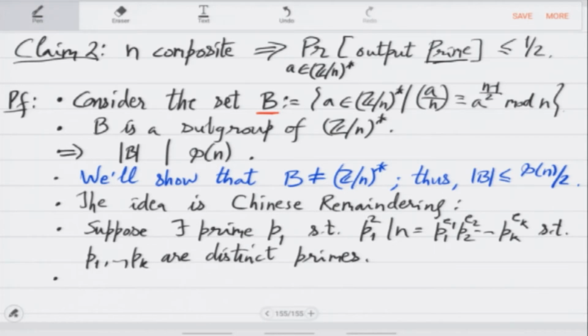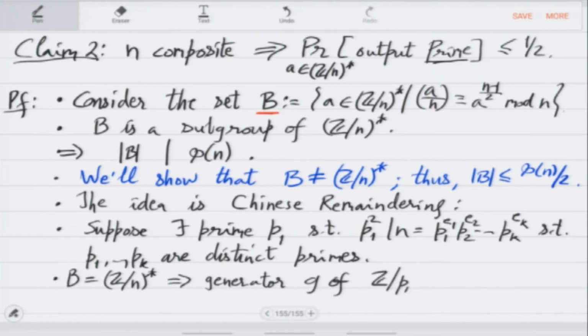B equal to Zn star would mean that a generator G of Z modulo P1^E1 star, which is a cyclic group, has many generators.